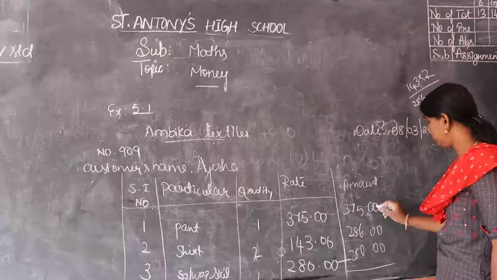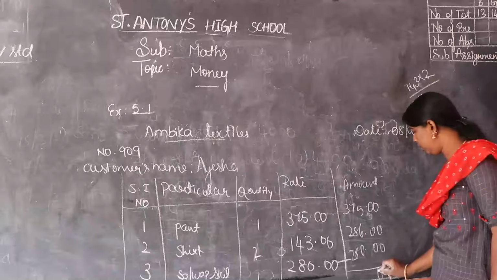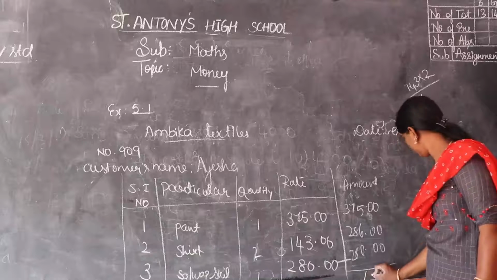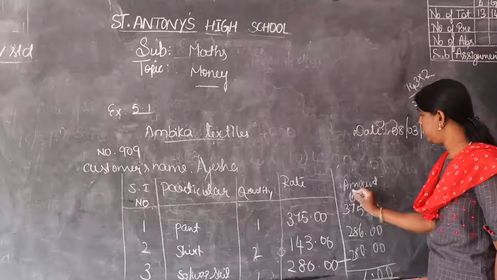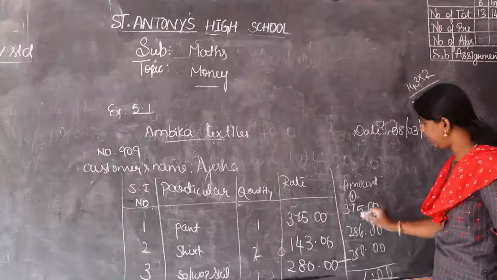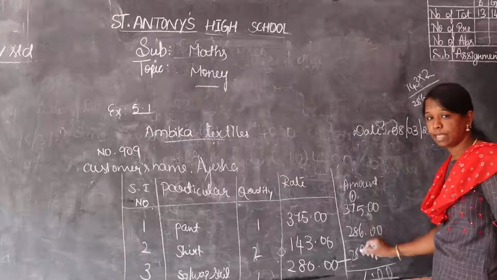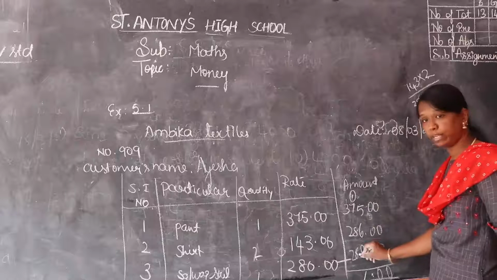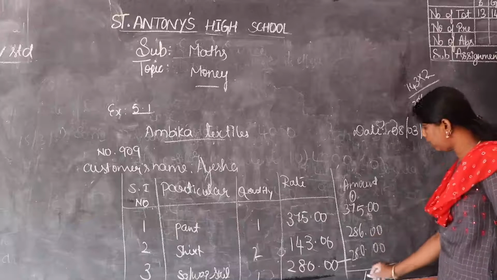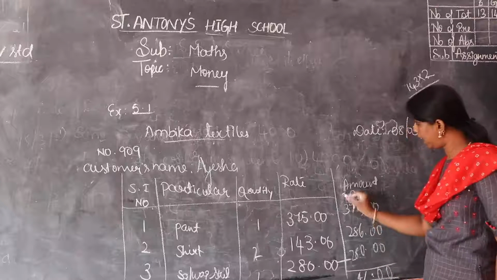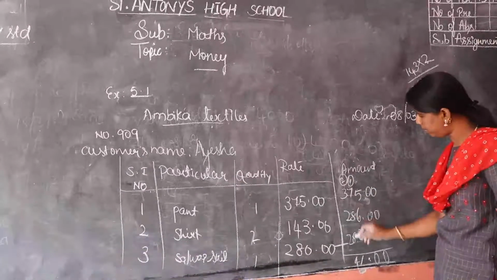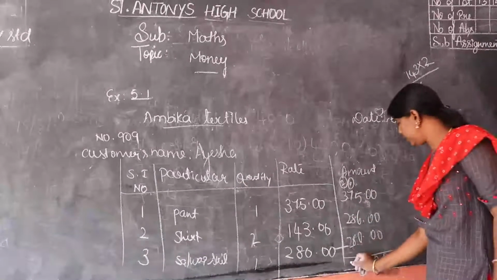Write in the next column: 0, 0, point, 5 plus 6, 11, write down 1, carry 1. 1 plus 7, 8, 8 plus 8, 16, 16 plus 8, 24. Now write down 4, carry 2. 2 plus 3, 5, 5 plus 2, 7, 7 plus 2, 9.